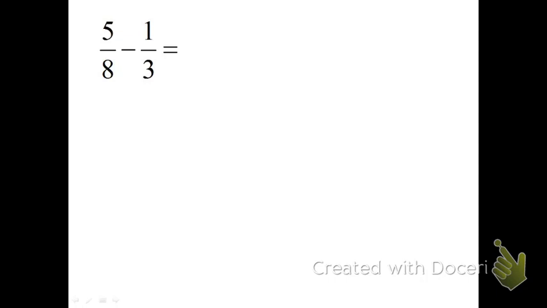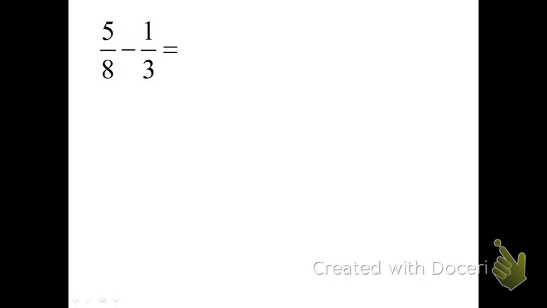Okay, 5/8 take away 1/3. Well, again, we're subtracting, so we need that common denominator. Multiples of 8 are 8, 16, 24, 32, and so on. Multiples of 3 are 3, 6, 9, 12, 15, 18, 21, 24, and so on.